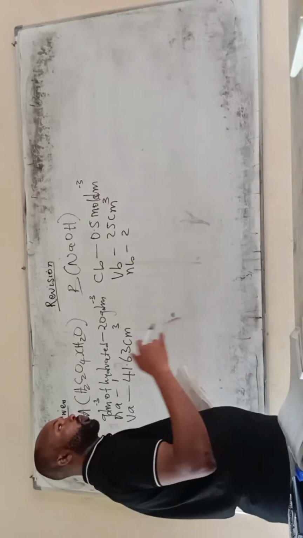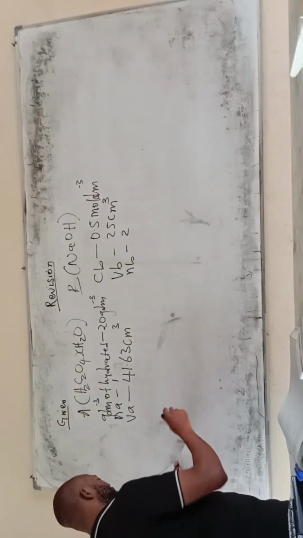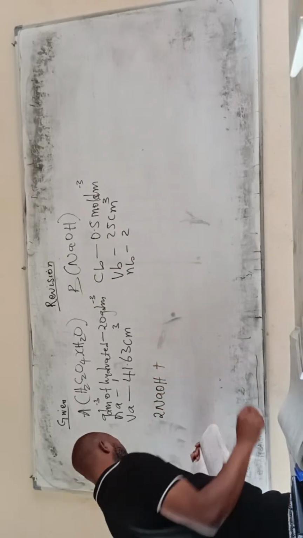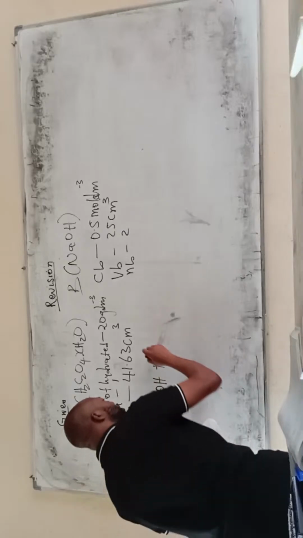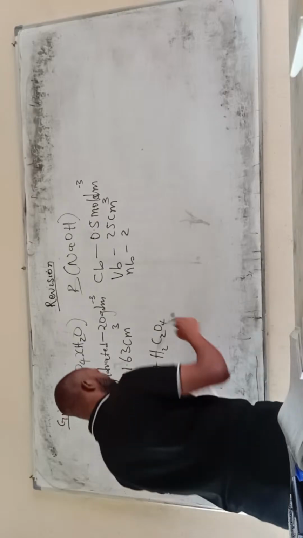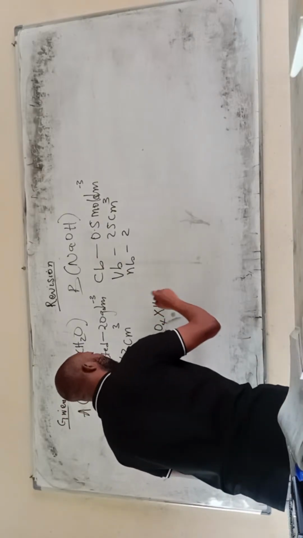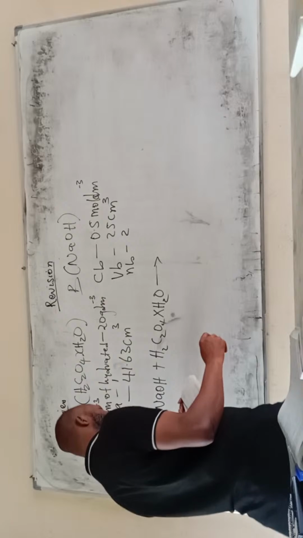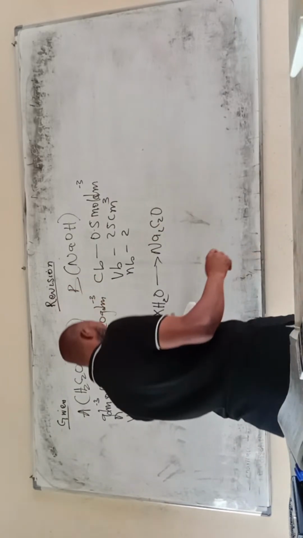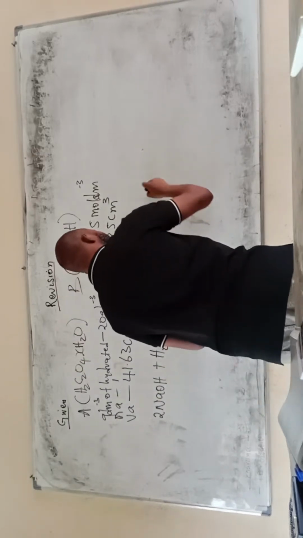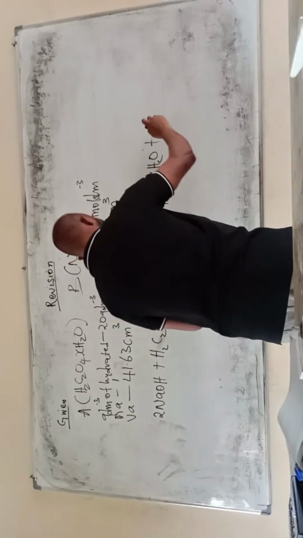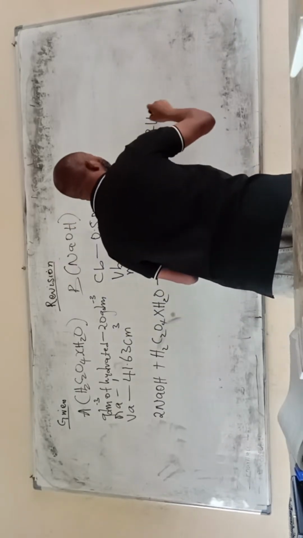Let me give us the equation so that you see it. We have 2 moles of sodium hydroxide plus H2C2O4 . X water, which gives us Na2C2O4 plus X water plus 2 moles of water.